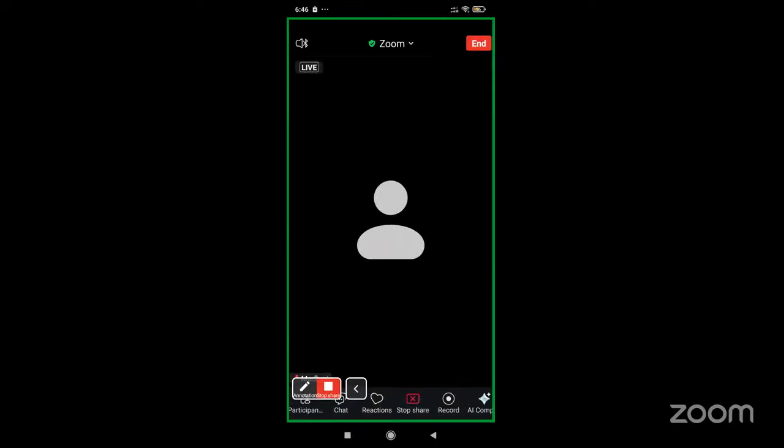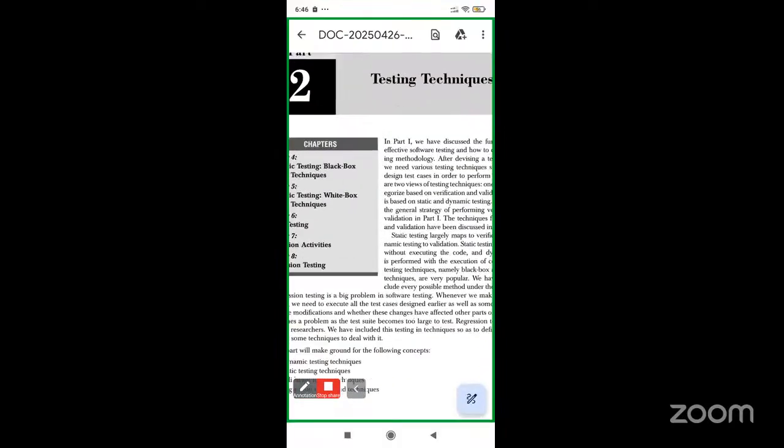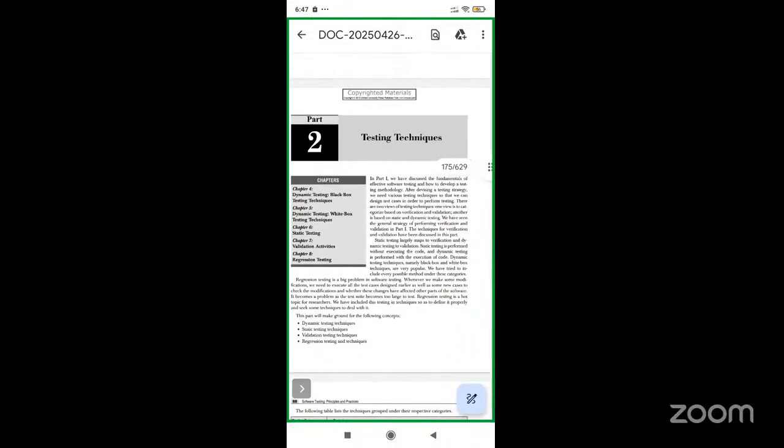So once again, I will start sharing my screen. Right. So this is the testing techniques that we are having.